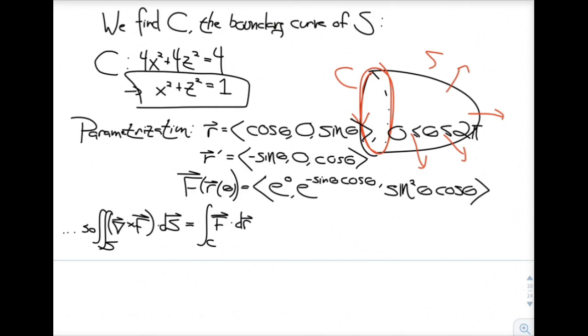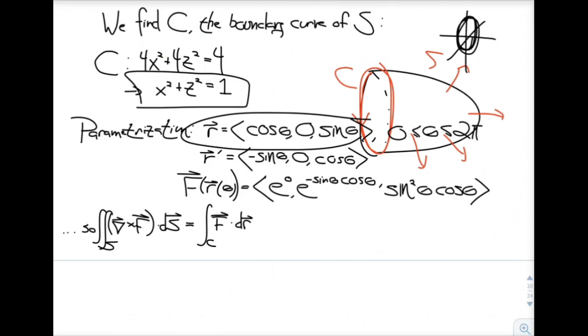But remember, we're in the xz plane, so y must be equal to 0. And that's what we see right here. So the parameterization is r equals cos theta, 0, sine theta. And this does indeed describe the circle which winds through the xz plane.